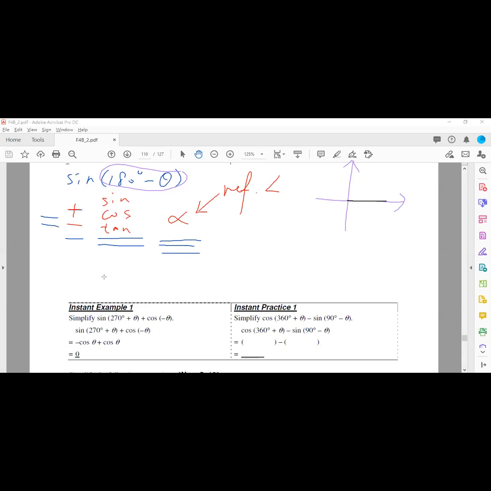It's always anti-clockwise, right? Because 180 degrees is a positive number. And then minus theta means it is going backward by a little bit. Theta is always a little bit.